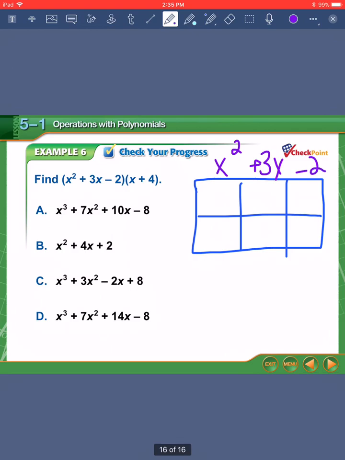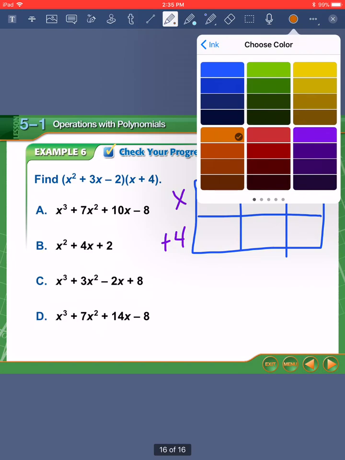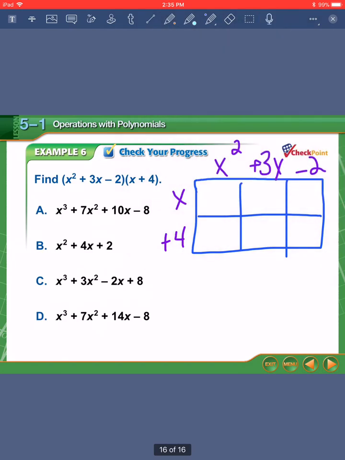And then on the side, I'll have x plus 4. And I'm going to fill in the corresponding boxes. So I have x squared times x, which is x cubed. X squared times 4, which is 4x squared. 3x times x, which is 3x squared. 3x times 4 giving us 12x. I've got negative 2 times x, so negative 2x, and negative 2 times 4, which is negative 8.